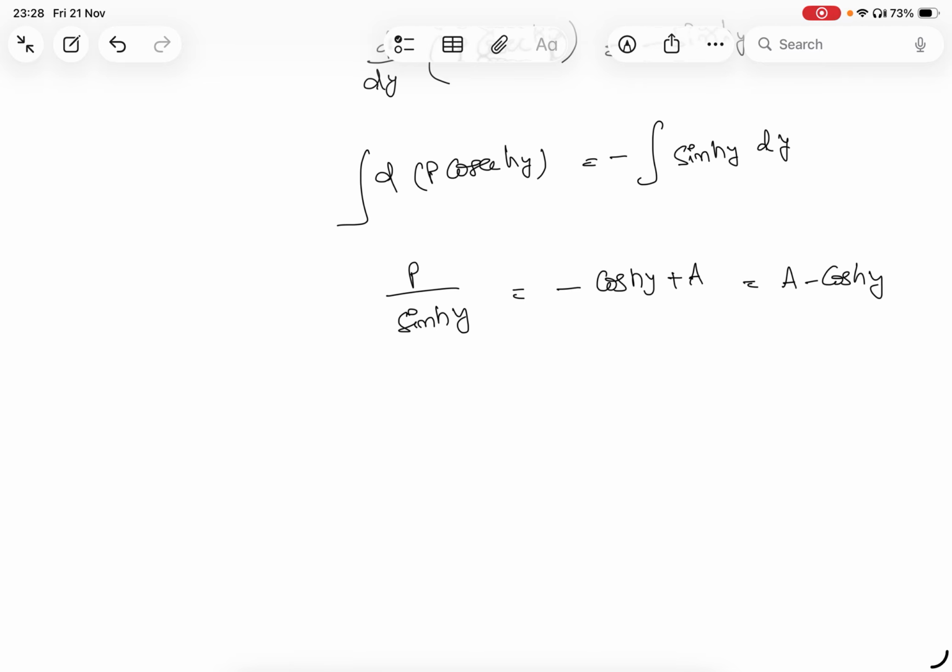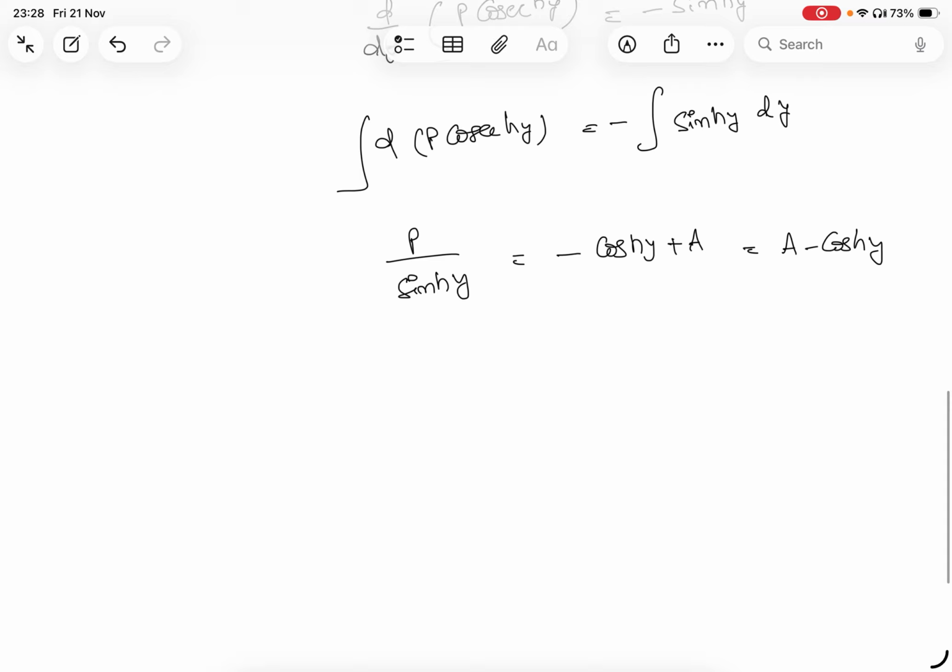Because we have assumed p as dy/dx, which is 1/sinh y into dy/dx equal to, let's write it down properly so that you can understand well.